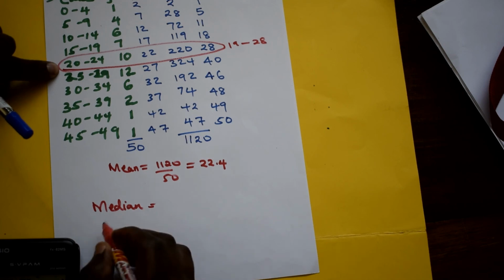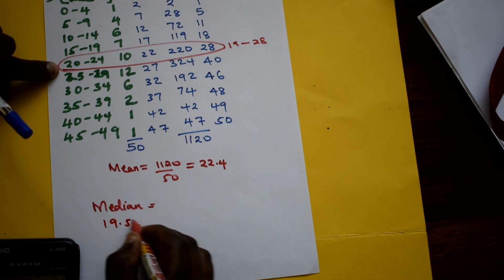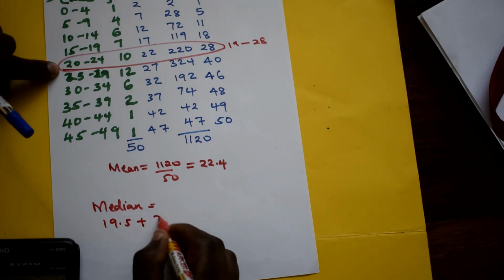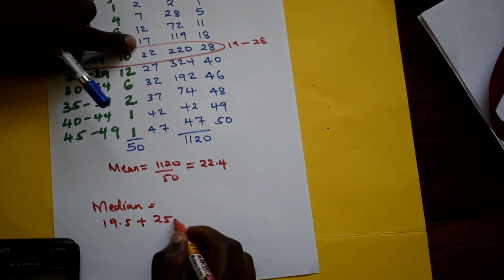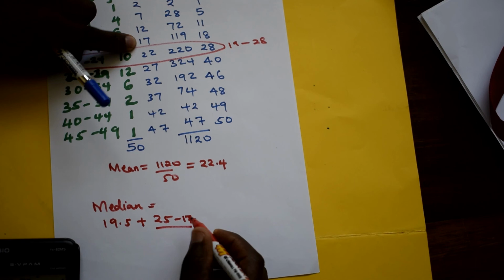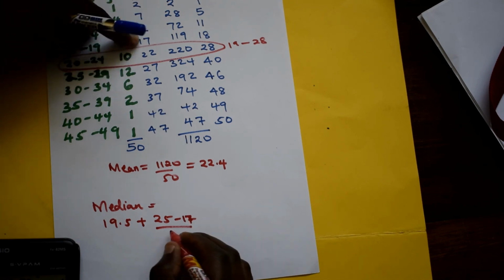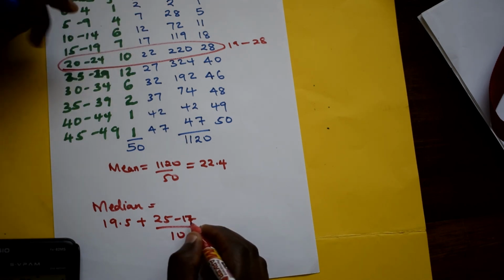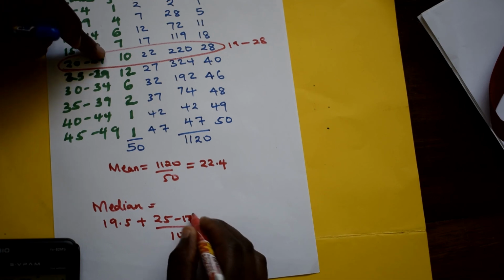So lower class boundary will be 19.5 plus 25 minus CF above or before the class. The class frequency is 10.